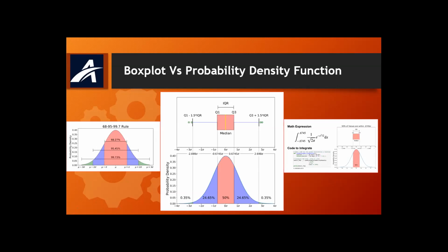You can choose to study this 95.45. You take a population and study the 95.45, or others could choose to study the 99.73, and others could choose to study the 68.27.